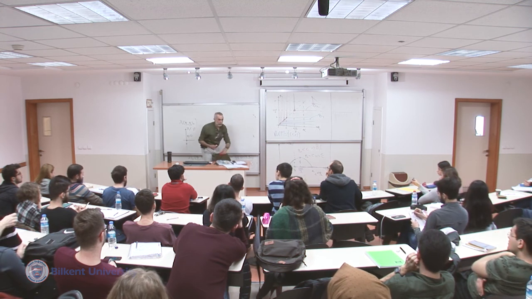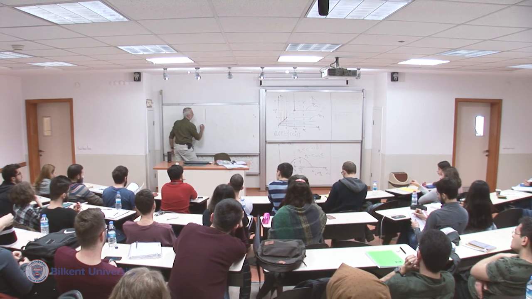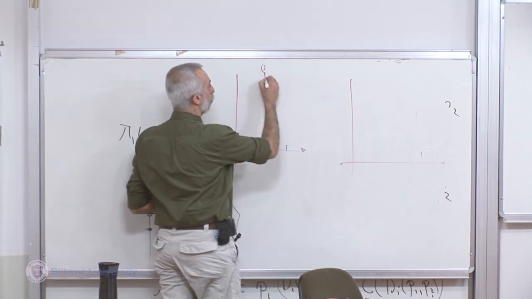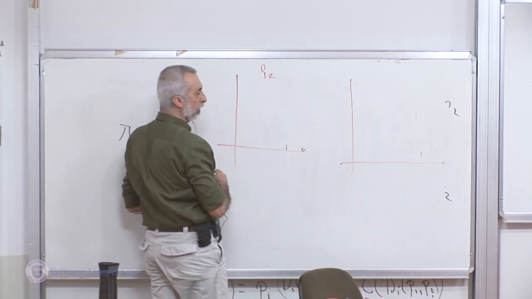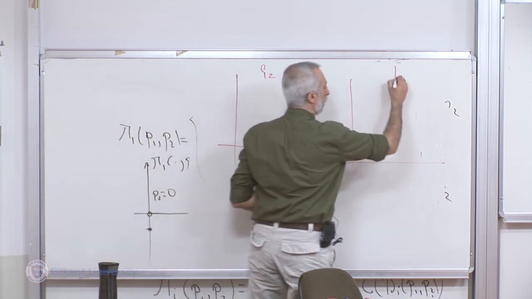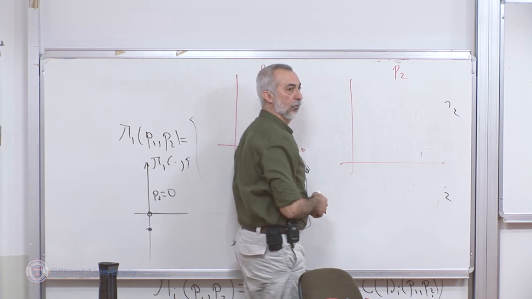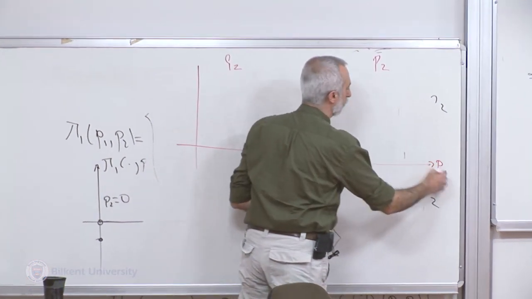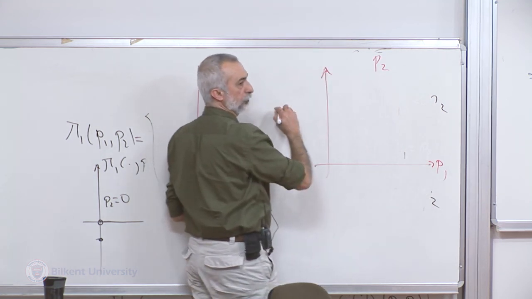In the Cournot model, Q2 is given. If Q2 is given, what is the demand for firm 1's output? P2 is given. If P2 is given, what is the demand for firm 1's output?